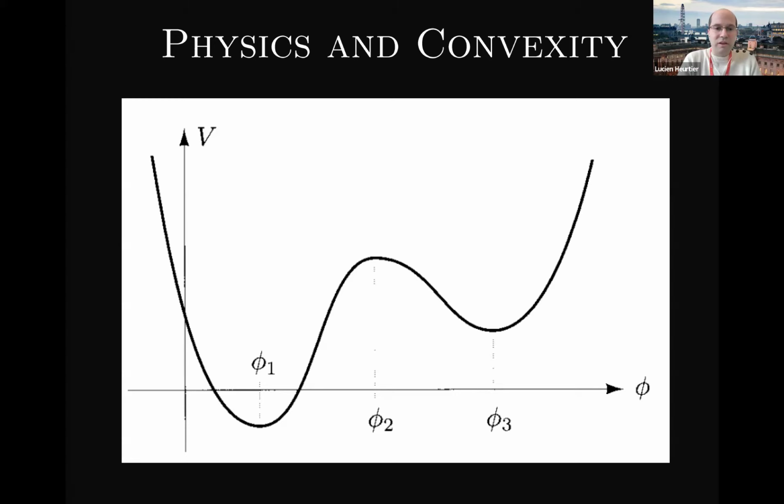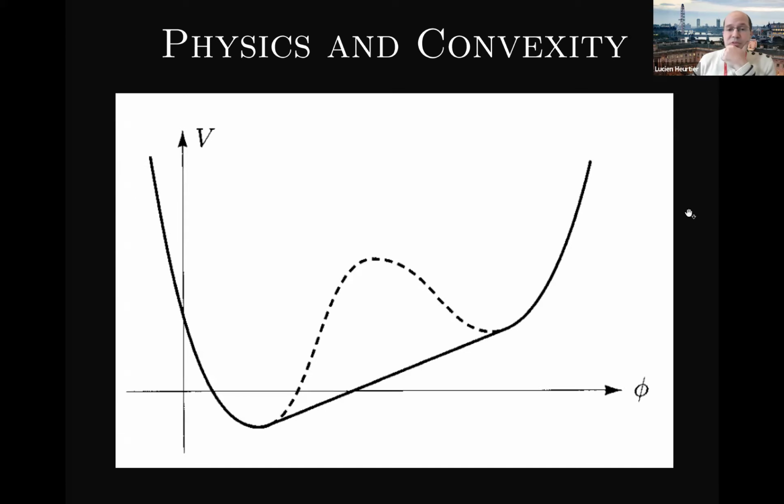So it's a question in the field to know what is the appropriate potential to use when you start discussing the tunneling of a scalar field from a metastable vacuum to another. In principle, once you obtain the effective potential for your theory, you should have something which is really convex.